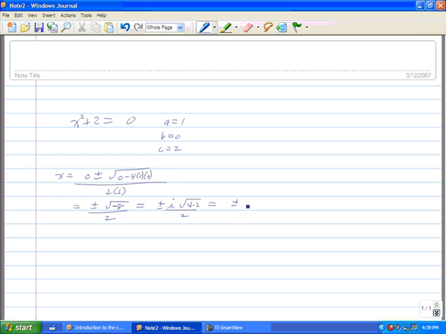So it's plus or minus 2i square roots of 2 over 2. These 2's cancel. So from that we've got two complex number solutions. In this case they happen to be imaginary, but that's really not what mattered entirely, just that they were actual complex type solutions. Let's look at one more.